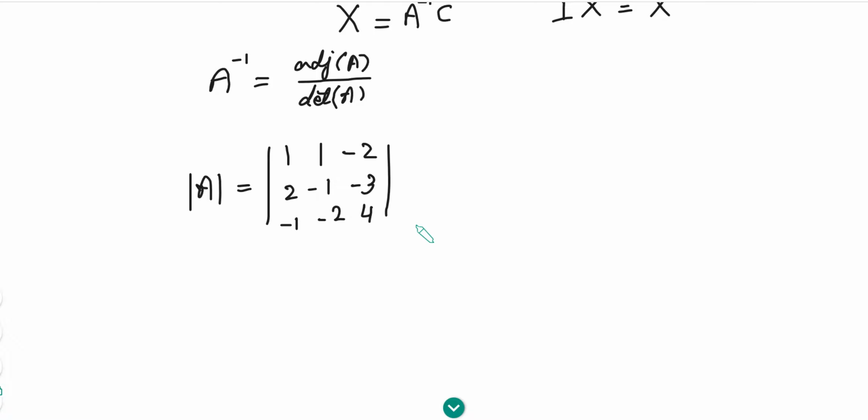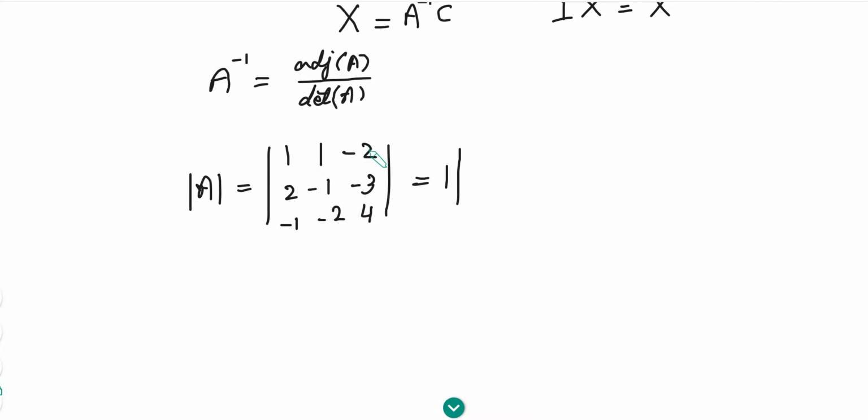The method of finding the determinant is that you can select any row or any column. I select the first row. The first element of the first row and first column is 1, and it will multiply with the determinant of the rest of the elements, meaning the minor.